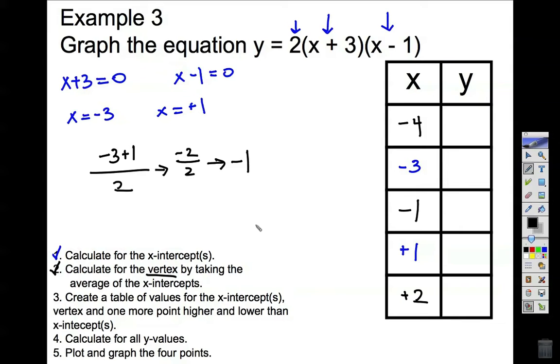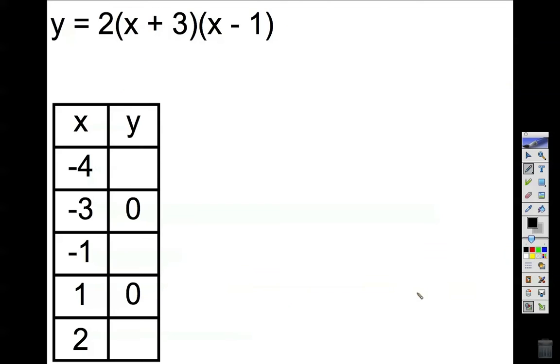Before I start substituting numbers to find these y values, we know that this is going to be 0, and this is going to be 0 because these are x-intercepts. Recall, an x-intercept is the location where the y value is 0, so these are going to be zeros. So the only work we need to do is for -4, -1, and +2. So let's find those numbers.